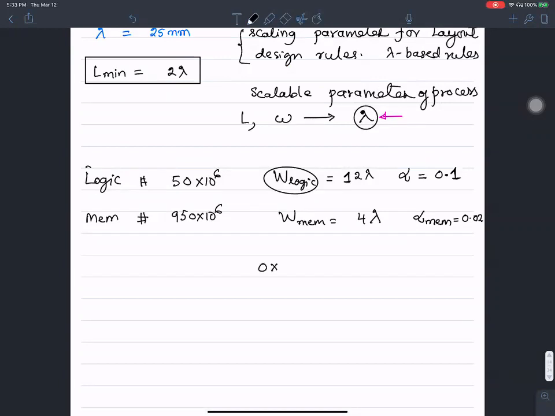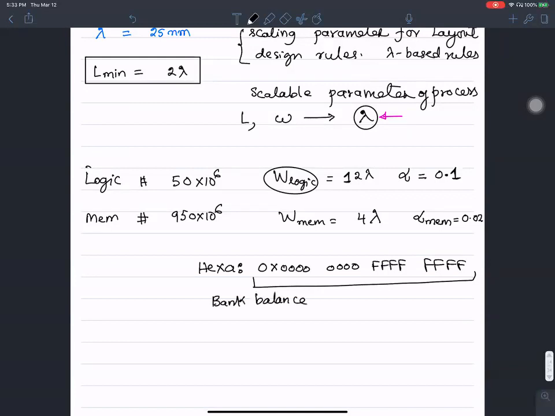a hexadecimal number, so this is a 64-bit binary number expressed in its hexadecimal format. Let's say this number is used to represent your bank account balance, and the data is all stored in memory, right?